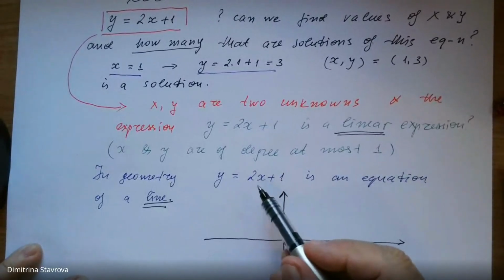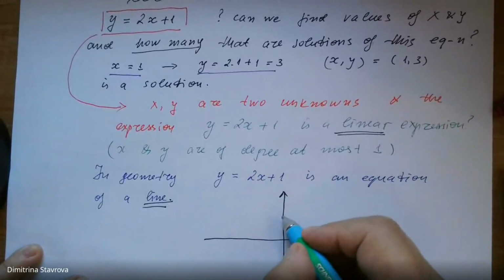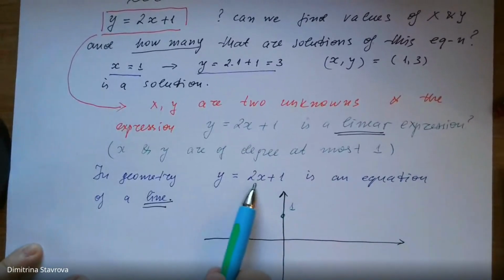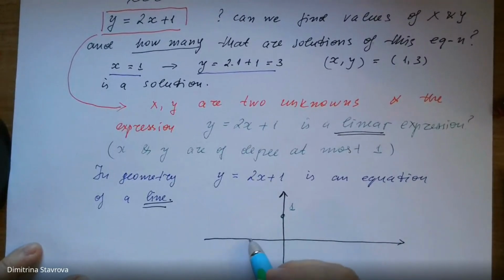When x is 0, we do have y to be 1, and when x is equal to negative 1/2, y is 0. So this is negative 1, negative 1/2.